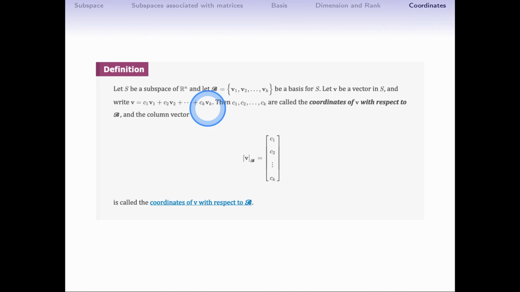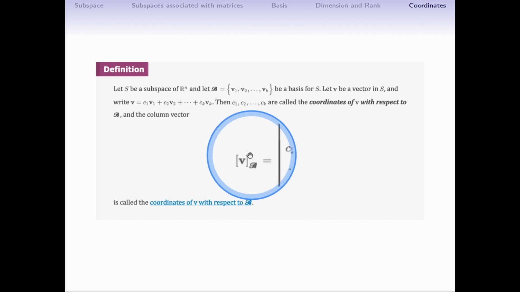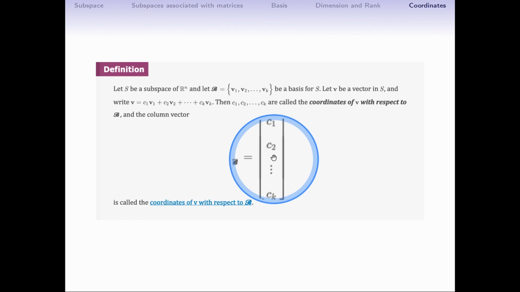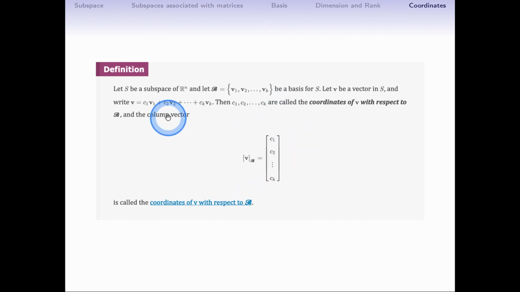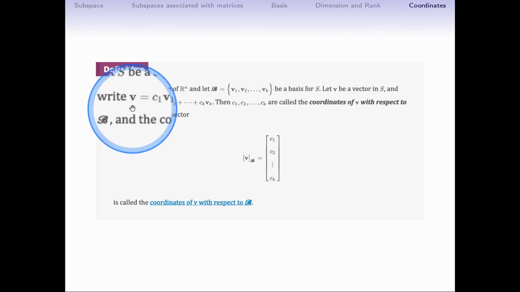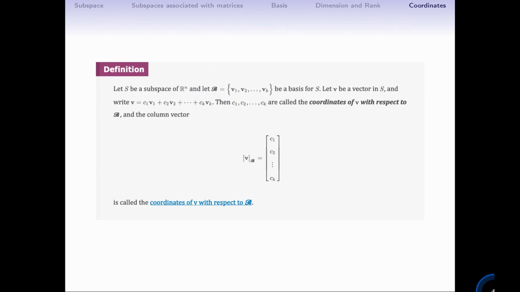So what this definition is drawing our attention to is the equivalence between that vector v sitting in that subspace S given by this basis script B and the set of scalars c1 through ck that would come about by writing v as a linear combination of those basis vectors v1 through vk. It's drawing our attention to the equivalence between this vector v and that column of scalars.